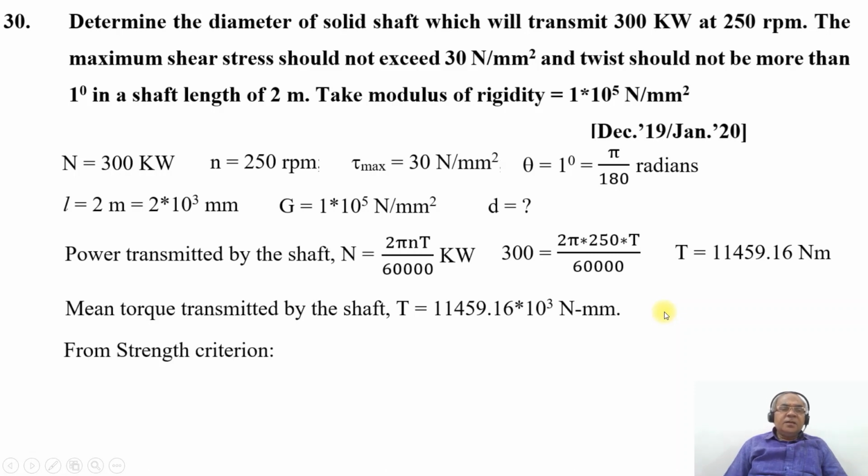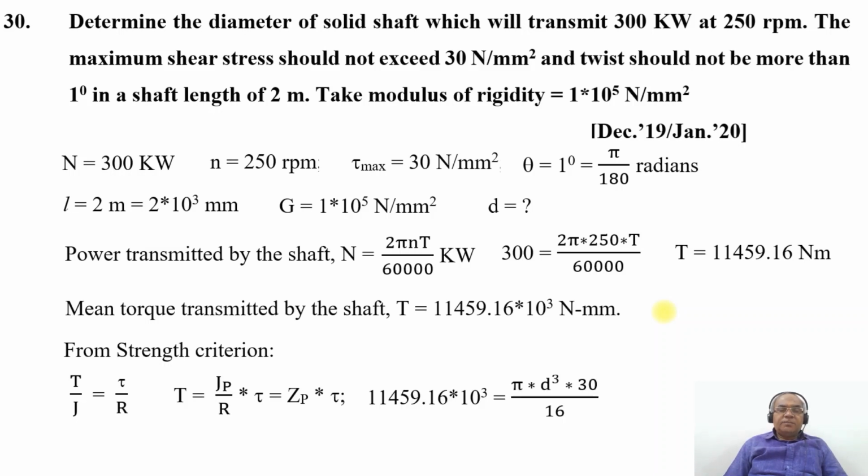Now from the strength criterion, T by J will be equal to tau by R. So T is equal to J P by R into tau, which will be equal to Z P into tau. Substituting the values, 11,459.16 into 10 to the power of 3 will be equal to pi d cube by 16 into tau, which is 30 Newton per mm square.